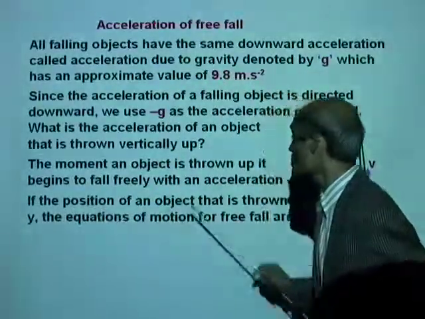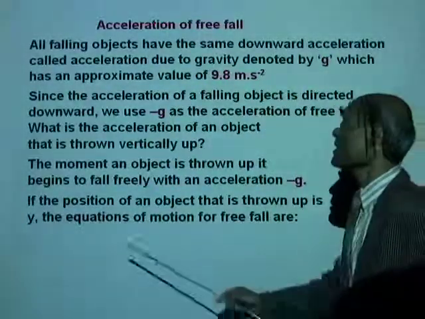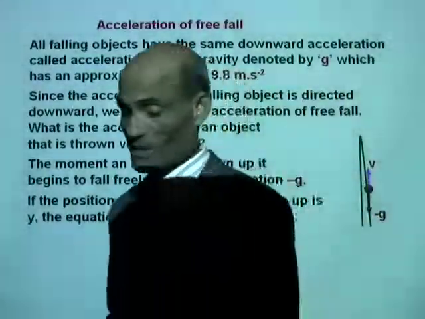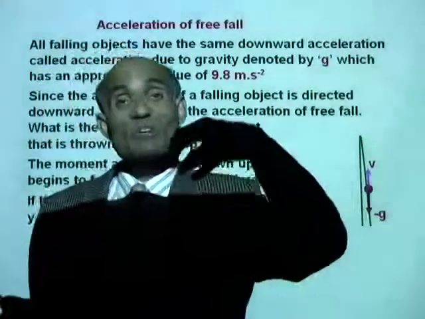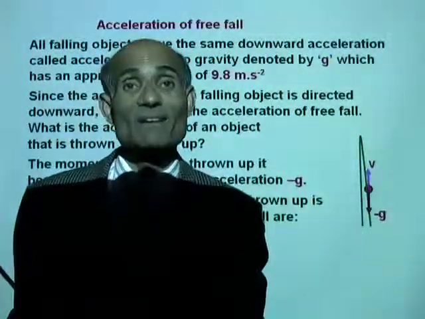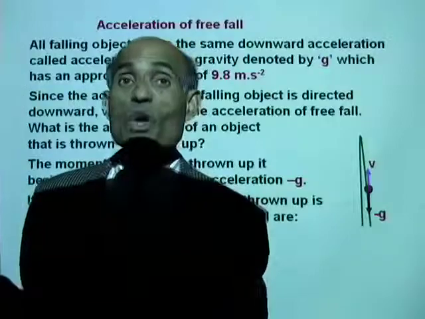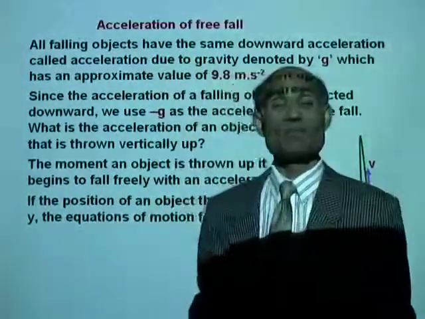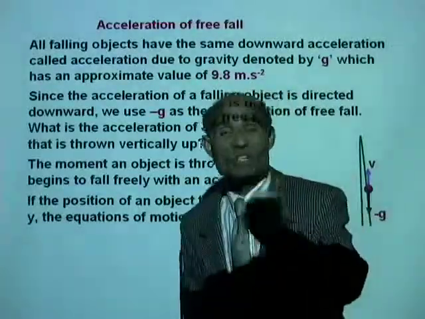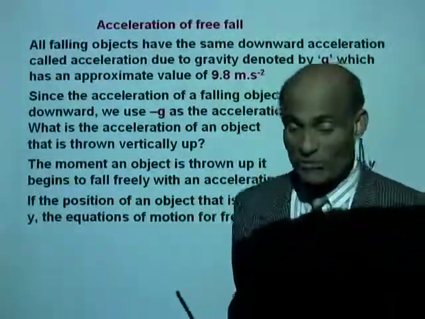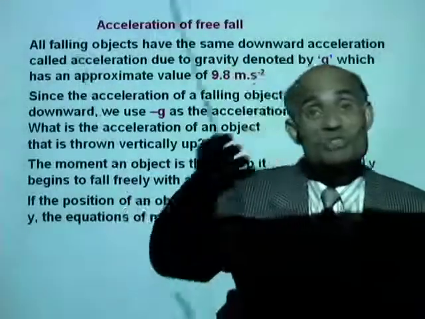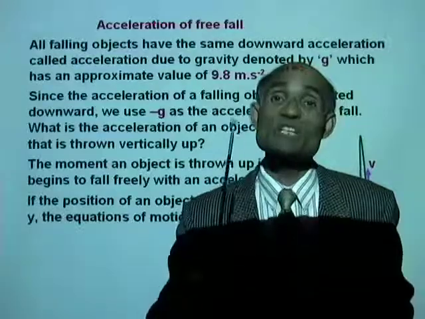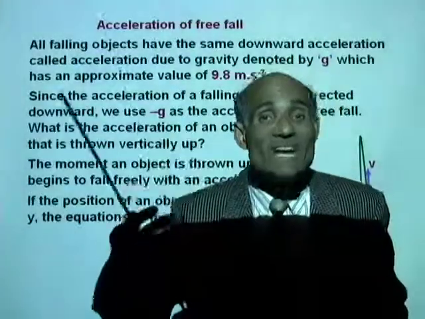So if the position of an object that is thrown up is y, the equations of motion. Because we are now dealing with vertical motion, the position will no longer be called x, we will call it y. If you now want to construct equations for a freely falling object, we can use the same equations we developed earlier, but we will replace a by negative g.